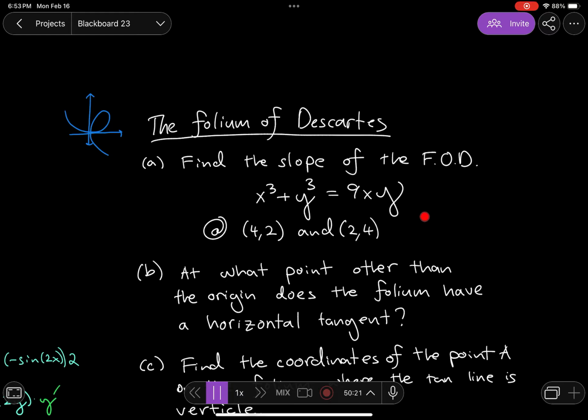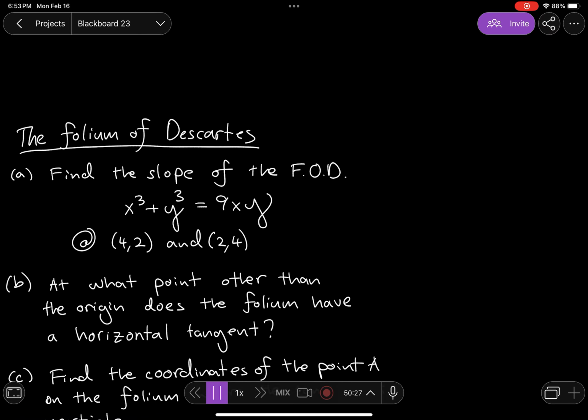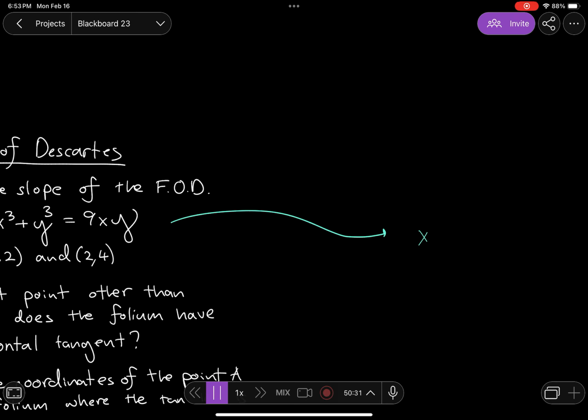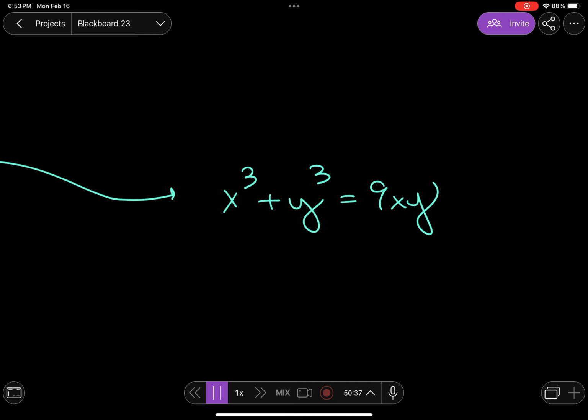All we got to do is take the derivative of this implicit differentiation, solve for y prime. Let's talk about it. So going over here, looks like I have x cubed plus y cubed is equal to 9xy. Taking the derivative, that'll be 3x squared plus 3y squared times y prime.